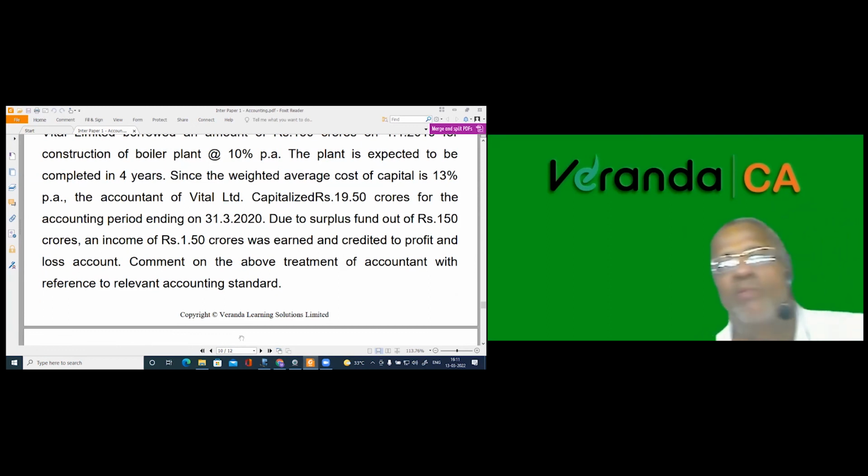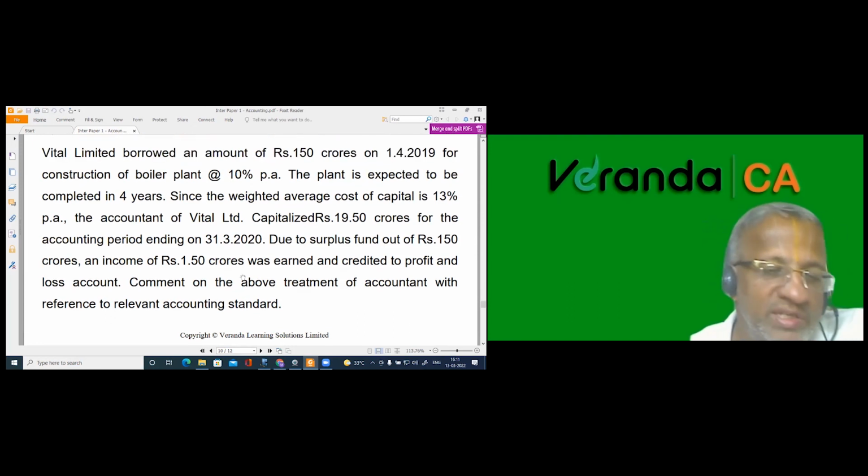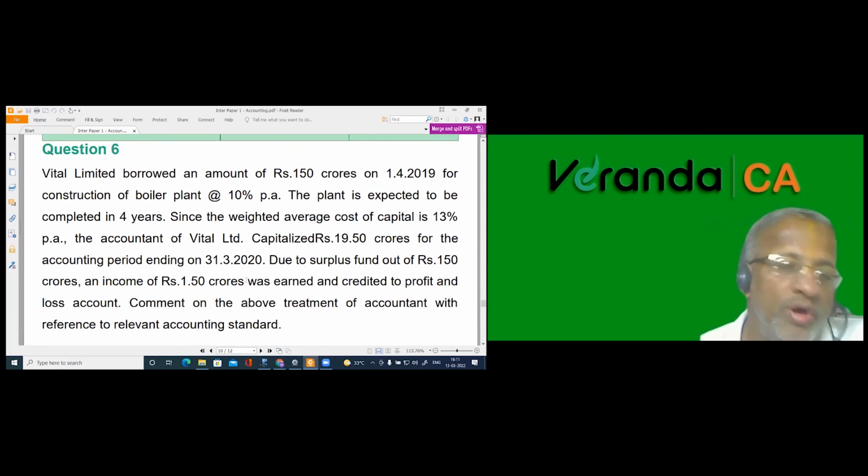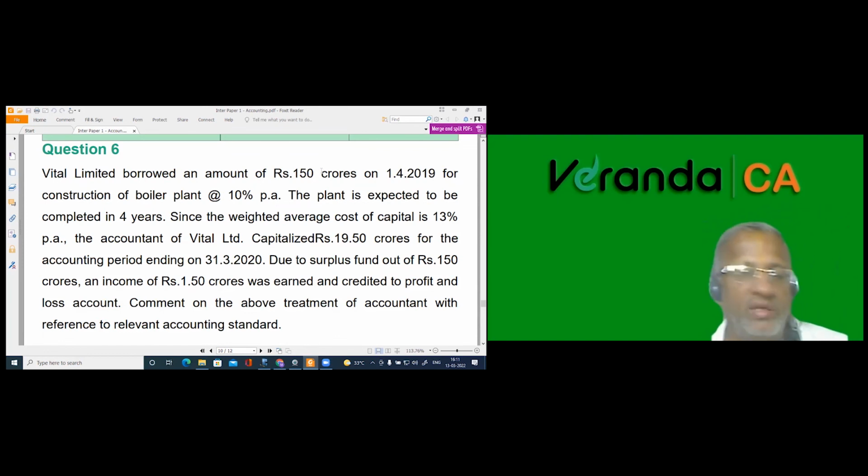So it is a problem involving treatment of borrowing cost, especially when you have a specific borrowing as per AS 16. They borrowed 150 crores, and the average cost of capital of 13% is not important information because the actual cost is only 10% on 150 crores. So that comes to 15 crores.